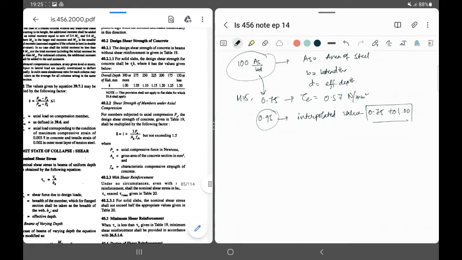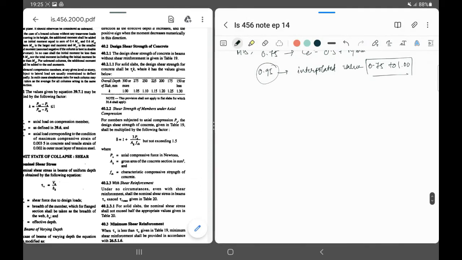Now we talk about shear for solid slab. In that scenario, one multiplying factor is coming, that is the K. This K value is given for depth of slab 300 to 150 or less. Then K value should be 1.0 to 1.3.